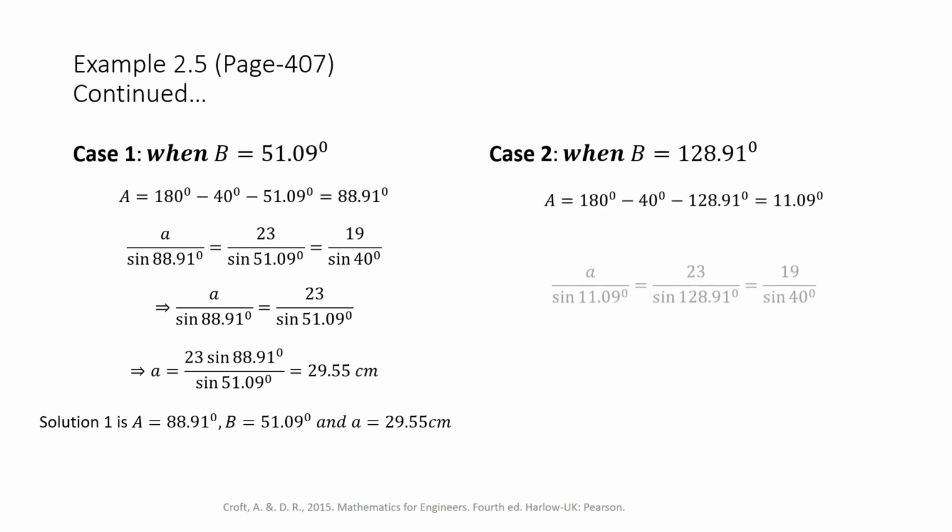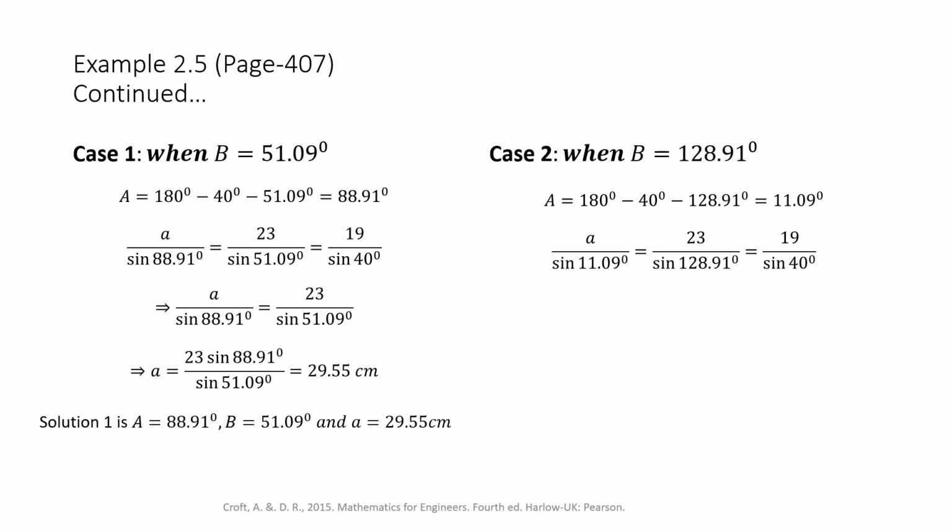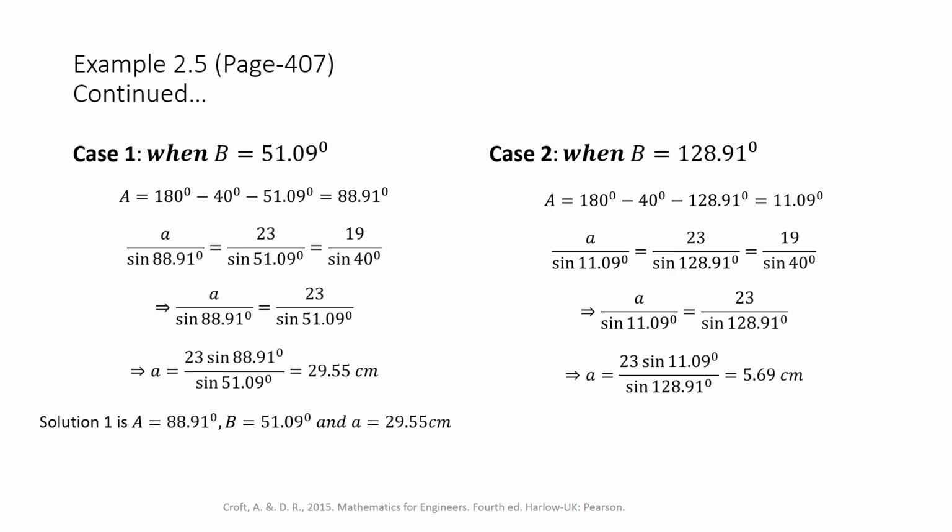Similarly for case 2, plugging in values in the 180 rule first, then plugging in values in the sine rule. From the first and the second, again we can go for side a. So side a is 50.69 cm. So another solution is this one.